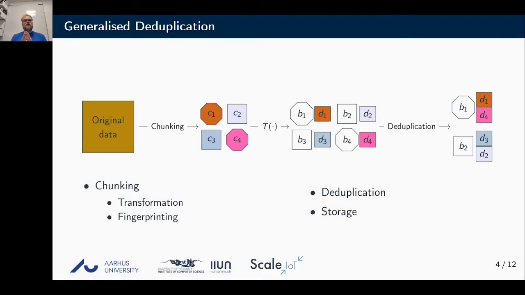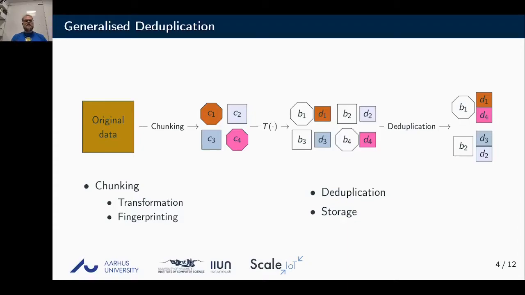And then instead of doing the deduplication over the chunks, we do the deduplication over the bases. Again, we employ fingerprints on the basis. Now, the purpose of this is essentially to achieve a many-to-one mapping, where we map many chunks to the same basis and then have the deviation, which is supposed to be small, actually be what we store the most.